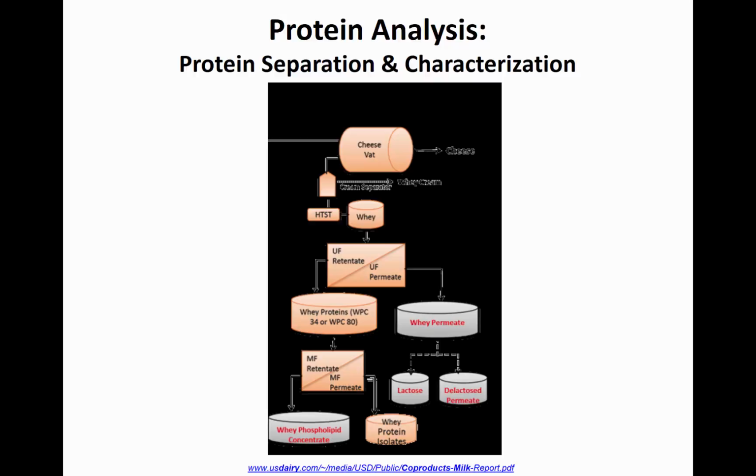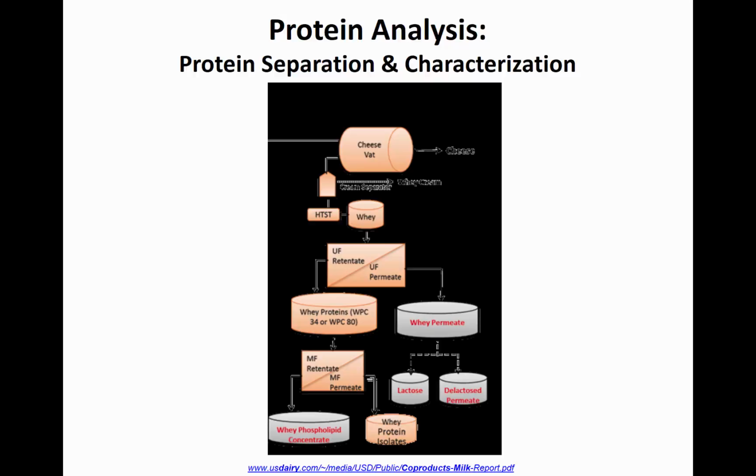But mostly, if you take that retentate, this is your whey protein concentrate. Depending on how many times you pass it through, you can concentrate it even more, and it goes from 34 to 80% protein.